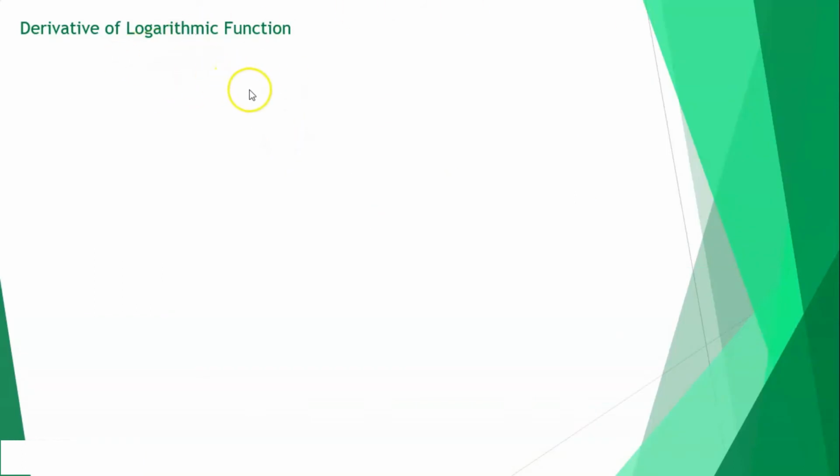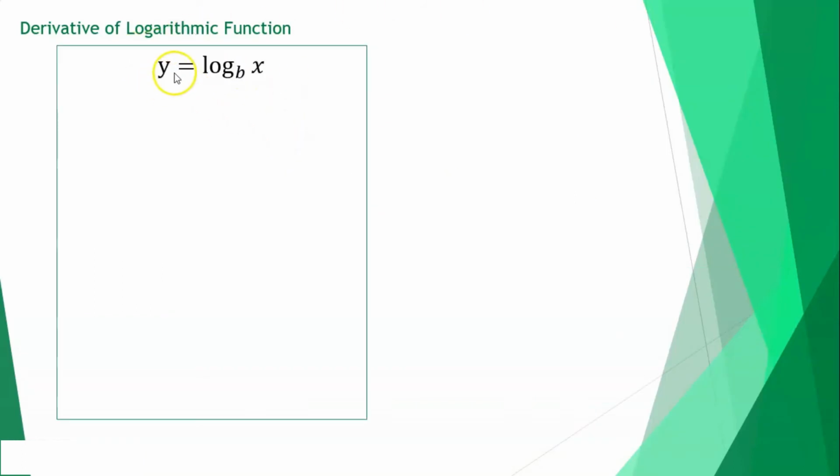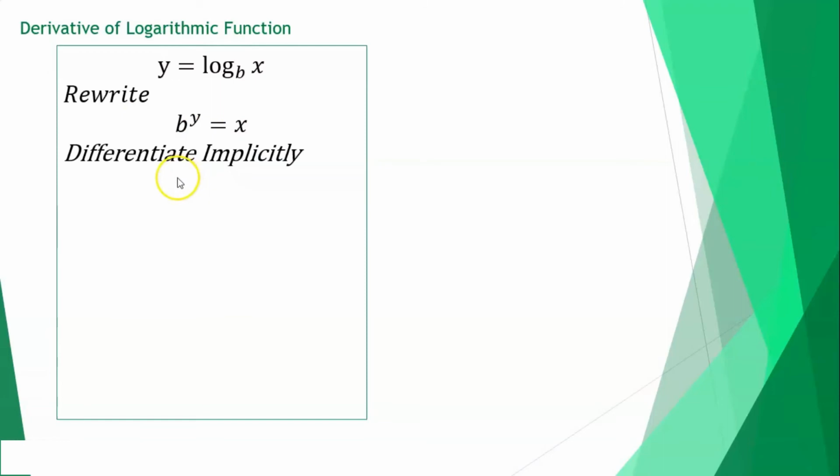Derivative of logarithmic function. Now, given y is equal to the logarithm of x to the base of b, rewriting this to exponential form, this becomes b to the power of y is equal to x. Now, differentiating both sides implicitly, the derivative of b to the y is b to the y times the natural log of b, and the derivative of y is dy/dx, and the derivative of x is 1.